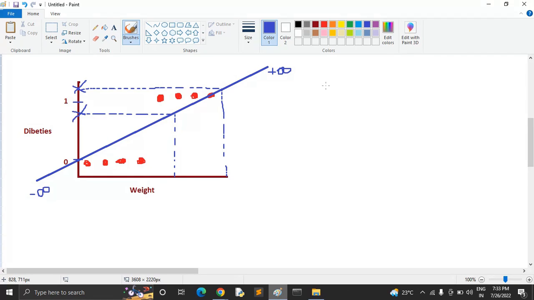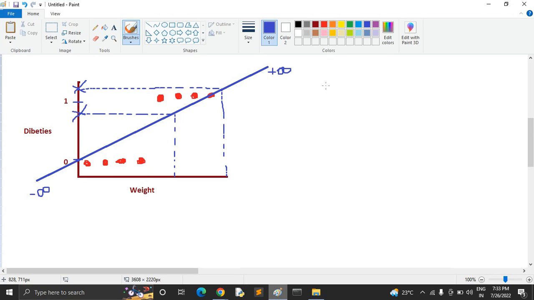So this is the range. So we don't want that, guys, because as we all know, the output for this particular case study of whether the patient will be diabetic or not will be only two, that is 0 and 1. So we don't want our value beyond the range of 0 and 1.